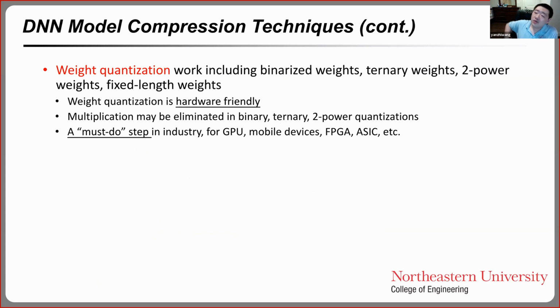Mobile CPUs mostly support 8-bit fixed point, and mobile GPUs cannot even support fixed point. So they can at most support 16-bit floating point. This is the reason that weight quantization is not our focus, because we are focusing on off-the-shelf mobile devices.